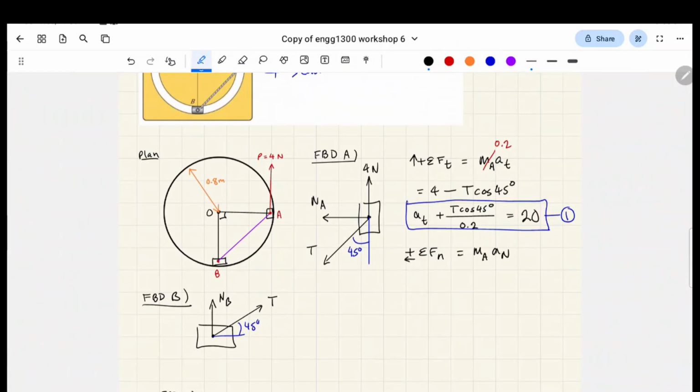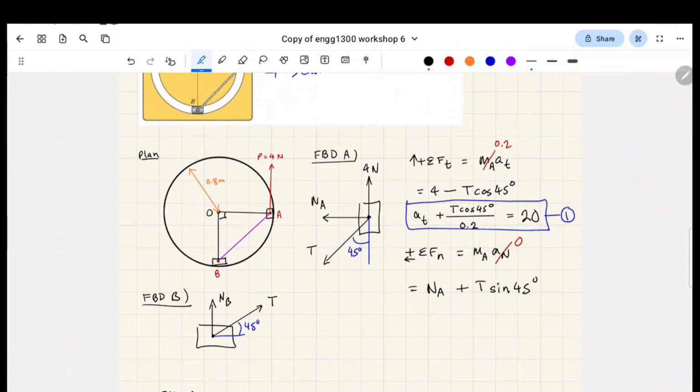So next, for our normal acceleration, we've established that the normal acceleration is 0. So this is actually static equilibrium in the normal direction. It's equal to NA plus T sine 45.